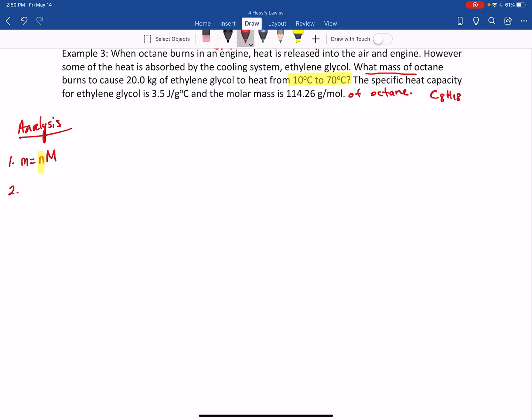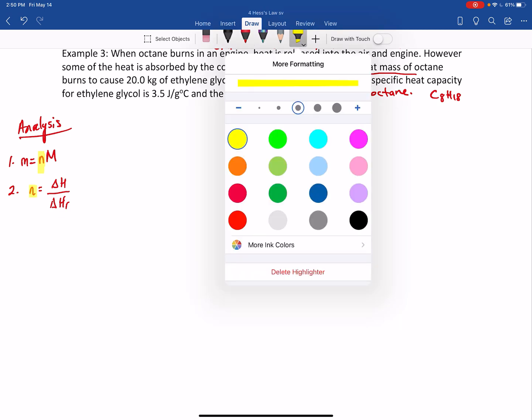Now, for the number of moles related to energy, there was an equation with the molar enthalpy and the overall enthalpy change. So if I rearrange that, the number of moles is equal to the enthalpy change divided by the molar enthalpy. Now, obviously, we have neither of these. So where do we get these from? The number of moles is what we're trying to find.